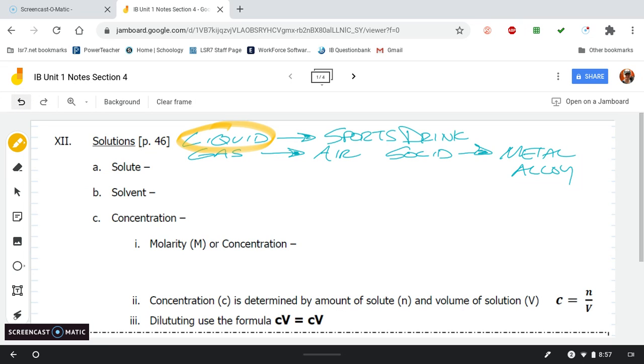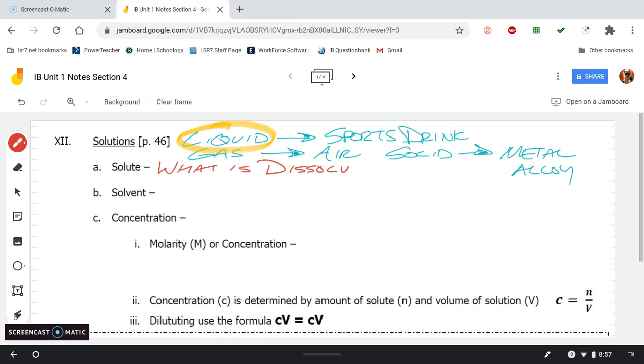Let's take a look at our definition of a solute and a solvent. A solute and a solvent are very simple. The solute is what is dissolved. So let's get the pen here. There we go. The solute is what is dissolved.